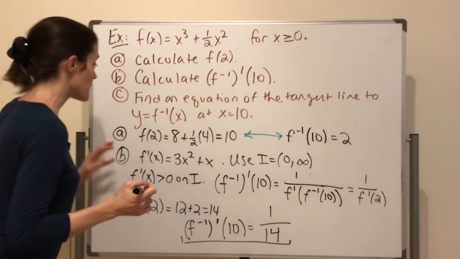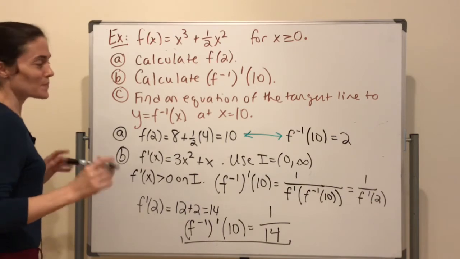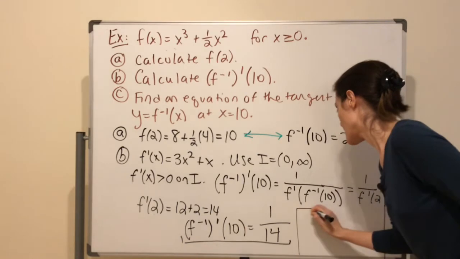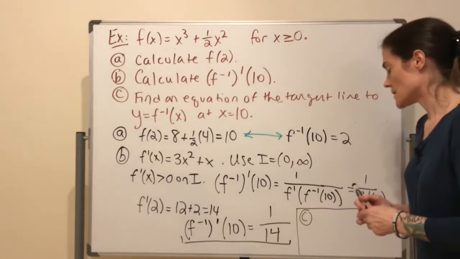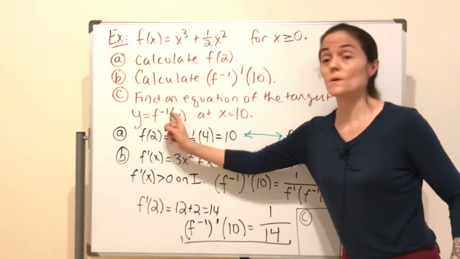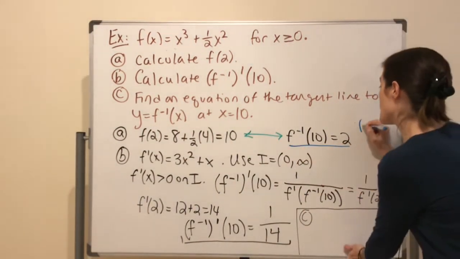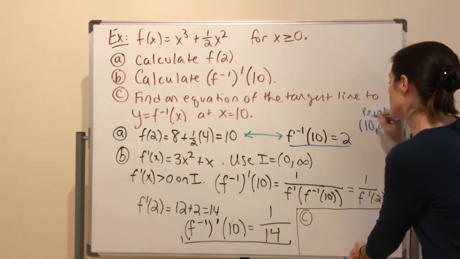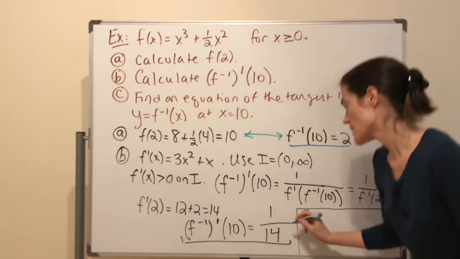Now, the final thing I have is C, it seems I don't have any space. But I have everything. So in fact, I can probably fit C right here. So let's think about C, the equation of the tangent line. This is the graph, y equals f inverse of x. And this right here, it says that the point (10, 2) is a point on the graph of f inverse and on the tangent line, and this is the slope.